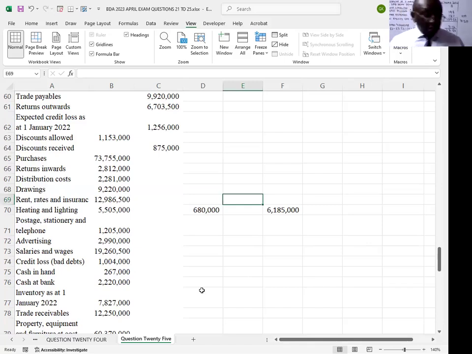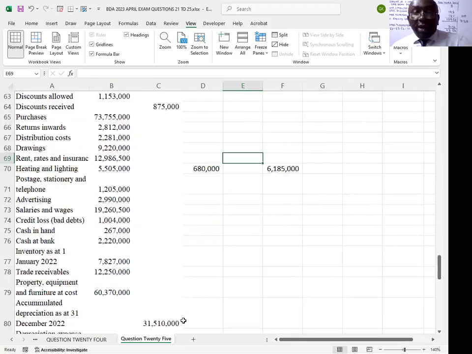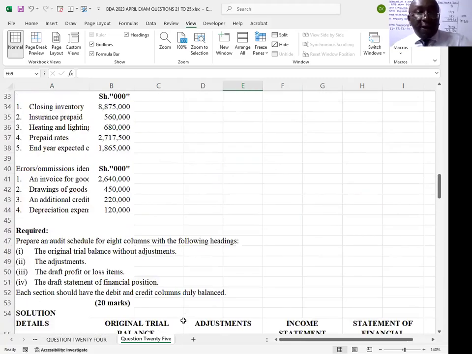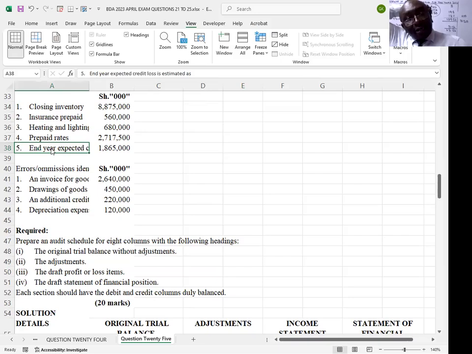Haya, so let's proceed on to the next item. The next item is end of year expected credit loss. So the end of year, what that tells you is this.